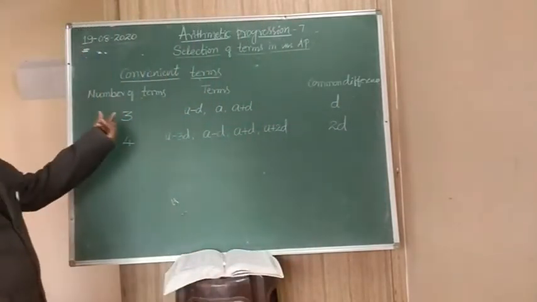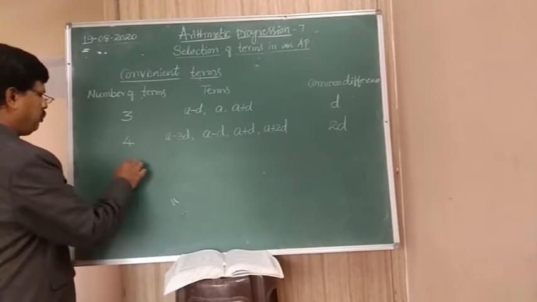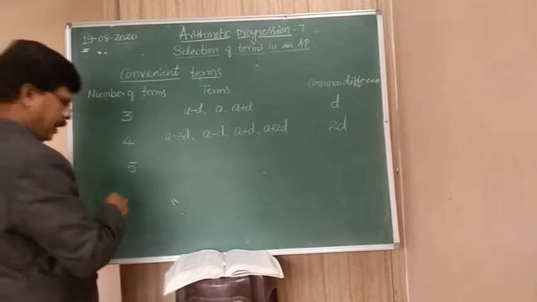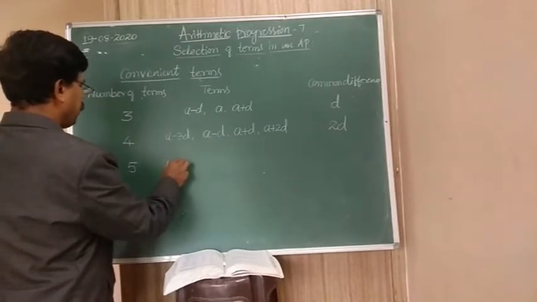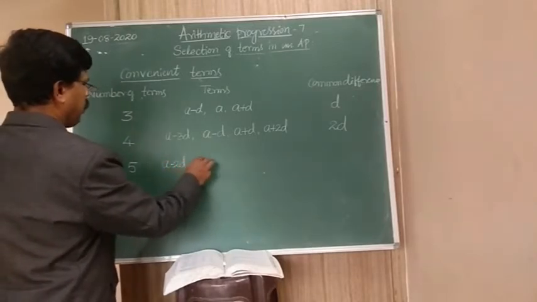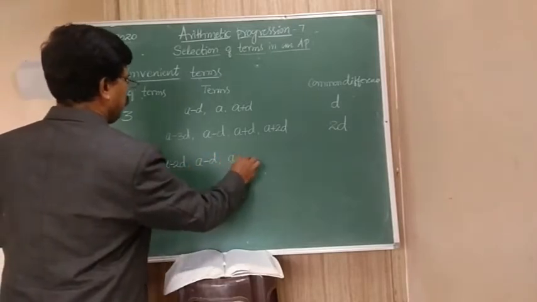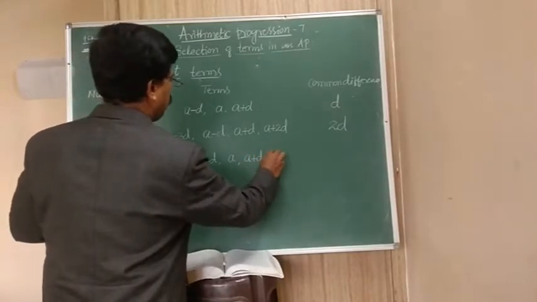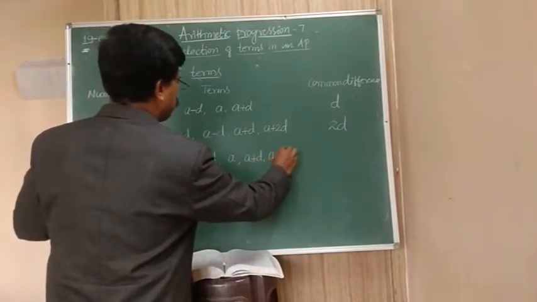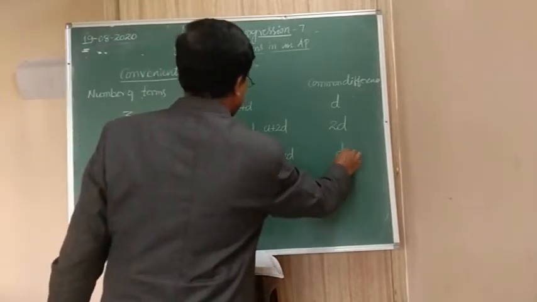Now if the number of terms is 5, the terms are a minus 2d, a minus d, a, a plus d, a plus 2d. Now the common difference is d.